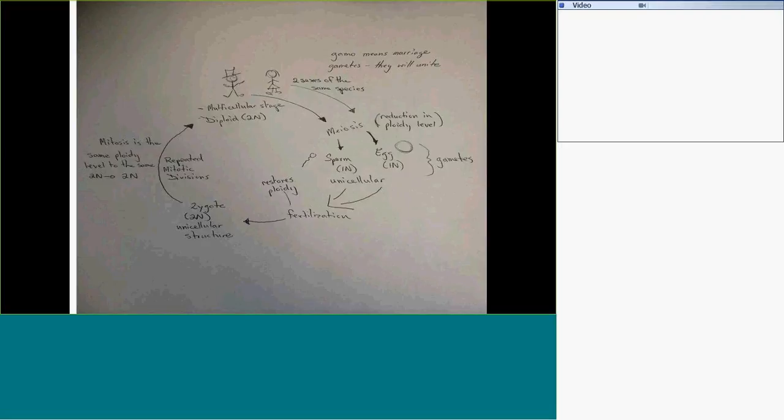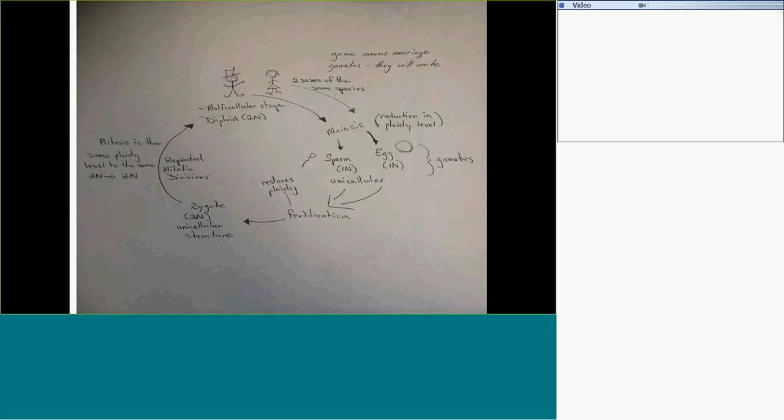So here we have the summary of the human life cycle. In this cycle, meiosis is the formation of gametes, sex cells, which are haploid, 1N representing one set of chromosomes, which then come together in fertilization, from the mother and the father.